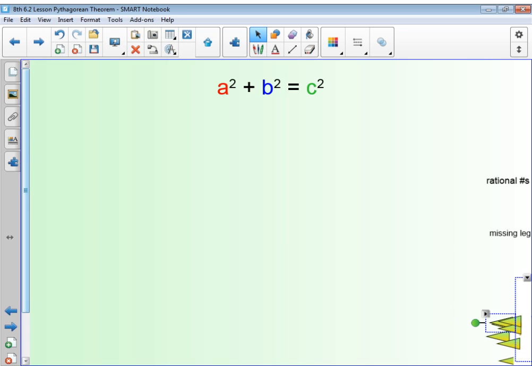Okay, so basically out of this lesson, you're working through solving a squared plus b squared equals c squared, where these two are your legs, and this is your hypotenuse. Okay, that's your longest side. Your legs make up your right angle, so make sure that you're identifying your two lengths that are making up the right angle and plugging those in.